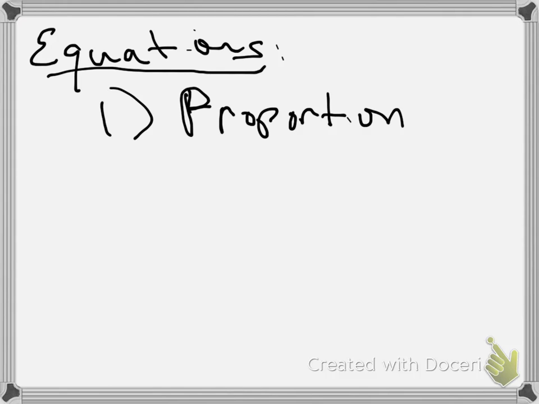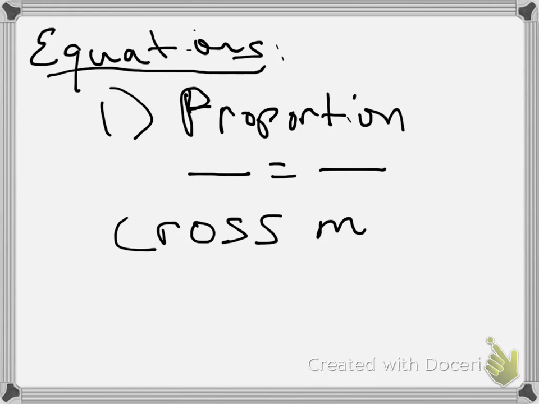How you solve proportions is by cross multiplying. Then you can set those cross products equal, and that will give you something that you can deal with. So this might give you something that's quadratic.